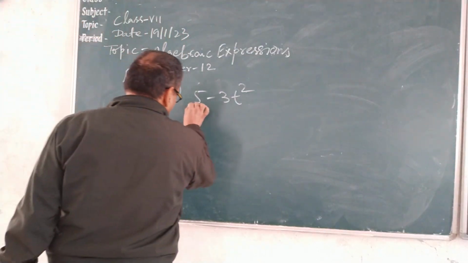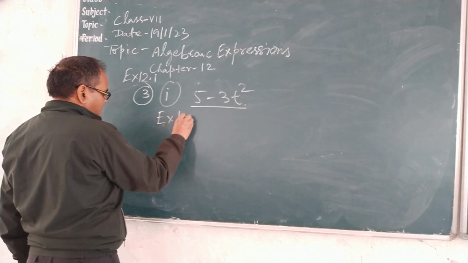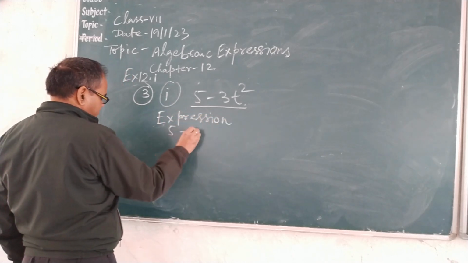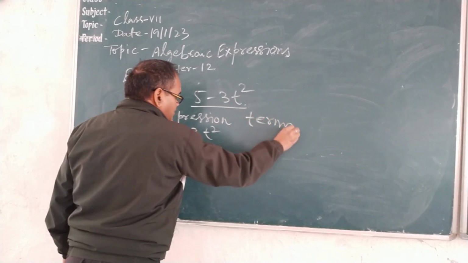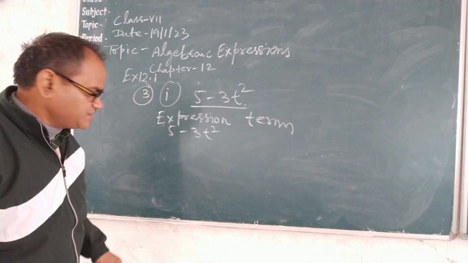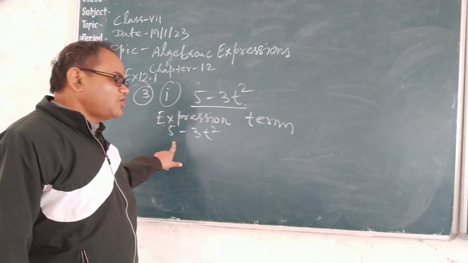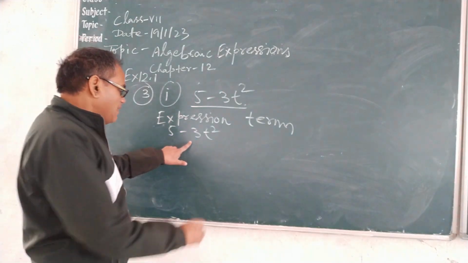This is the expression, 5 minus 3t square. Now terms. Which term do you have to write only here? Other than constant. Now 5 is your constant. It means 5 you should not write because this is your constant. Okay? Then minus 3t square.